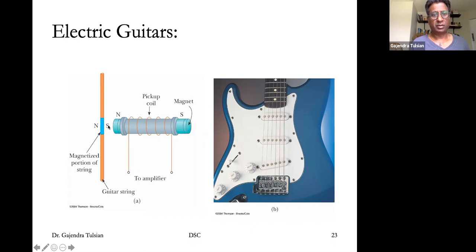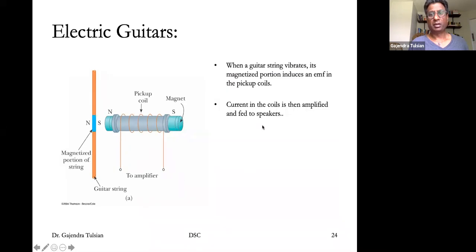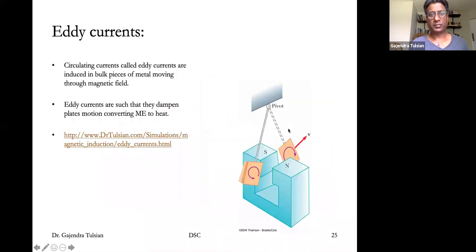So that motion is translated into an electrical pattern in this sensing coil, and you process that electric current in the sensing coil, and that is a proxy to this motion. Then you can feed that to an amplifier and to a speaker. So currents in the coil are amplified and fed to the speaker.